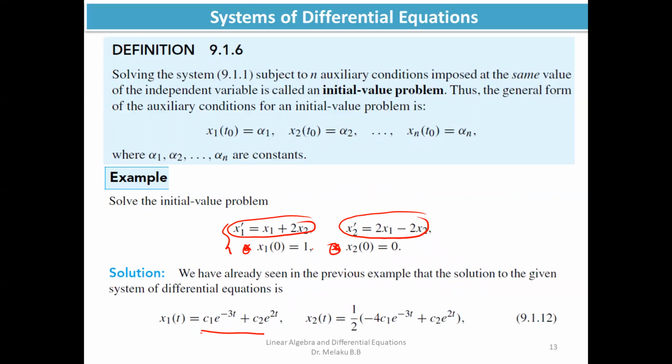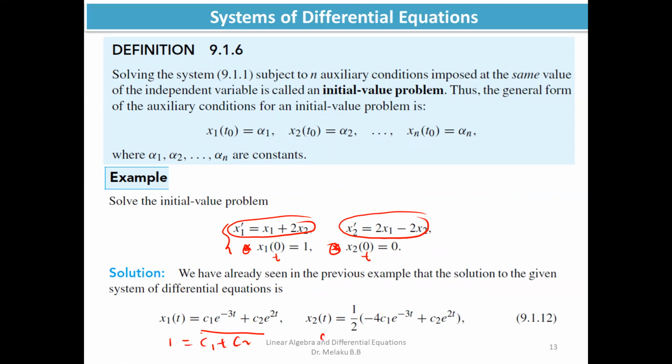Because x1 at 0 is 1 and x2 at 0 is 0, which means this is the t value, when t is 0 for the first and t is also 0 for the second. So when t is 0, this will be c1 plus c2, and x1 at 0 is 1. So 1 equals c1 plus c2.